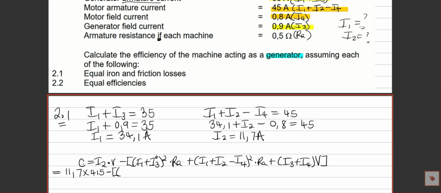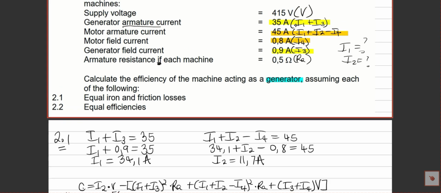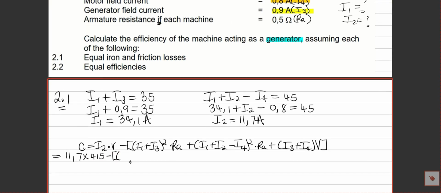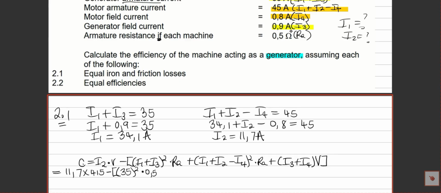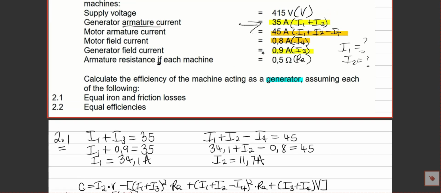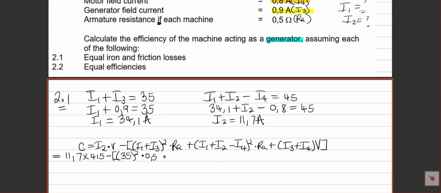Instead of substituting I1 plus I3, fortunately they already gave us I1 plus I3 there. It's 35. So in here, you can just say 35 squared times, how much is our resistance? 0,5. There. They gave us I1 plus I3 at this step here. So we don't have to substitute I1 plus I3 as a whole value, like substituting your I1 34,1 plus the I3 value. So I hope that makes sense.